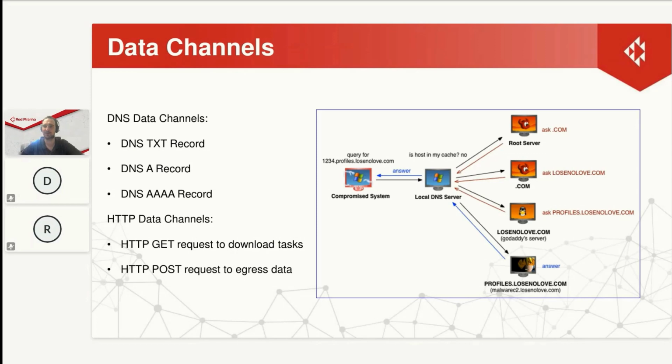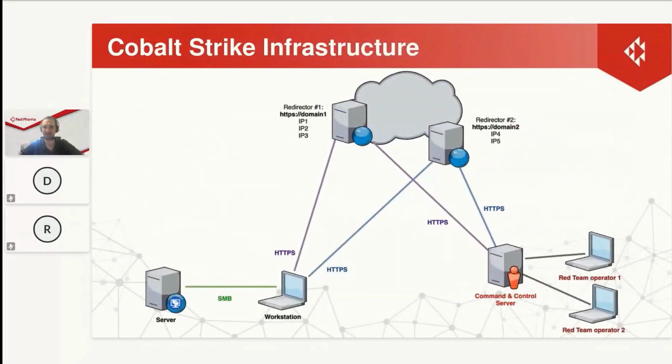Because it's DNS, it'll talk to a local DNS server. That probably doesn't have it because it's not a common request in the local network. So then it goes out to other external DNS servers until it can figure out where the team server is living.